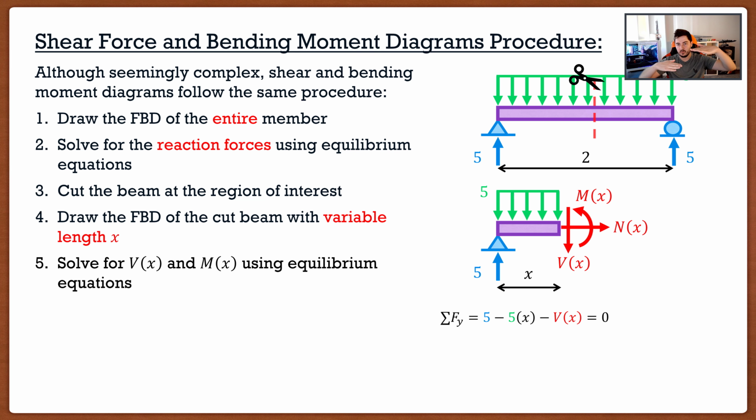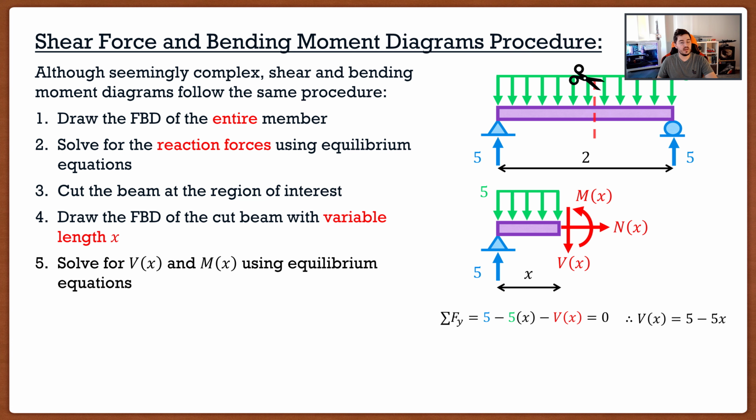Both of our shear functions were constant. But now we can see that if we have a distributed load, the magnitude of that distributed load is a function of the area of it. So of course the height is going to be 5, but the length is going to be x. So now if we were to solve for V of x, we see that it is now a function of x. We have 5 minus 5x. This is going to be our shear force function.